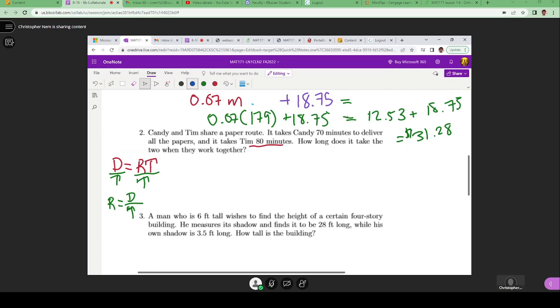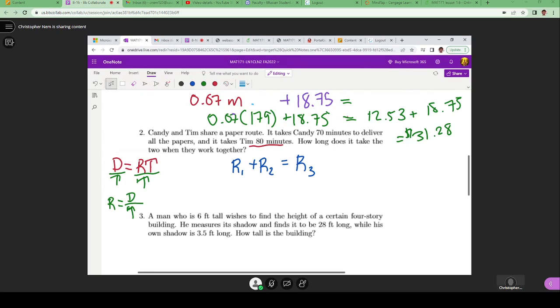Now we can actually work with that. So let's call Candy's rate 1, and then Tim's rate 2. And that's going to give us rate 3 when they work together. So that's the generic thing, but now we need to go into what our rates actually are. The rate is equal to distance over time.